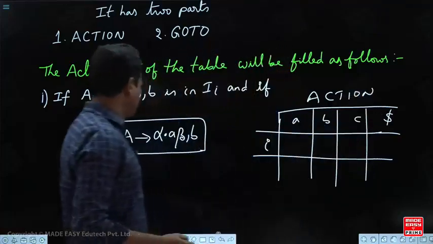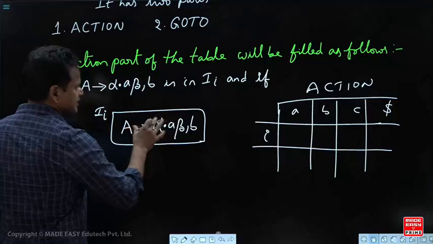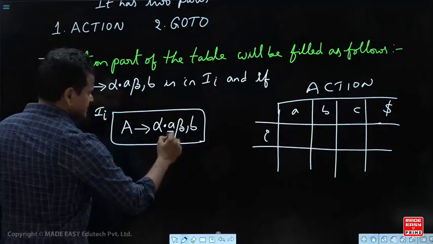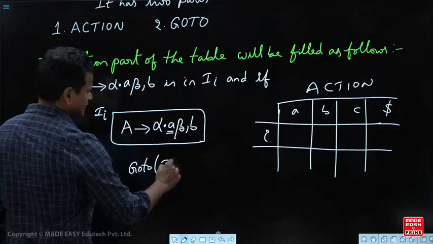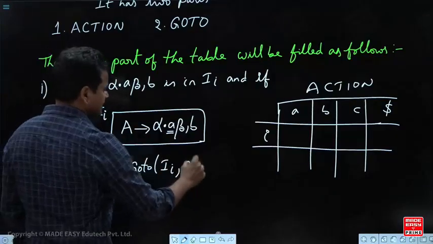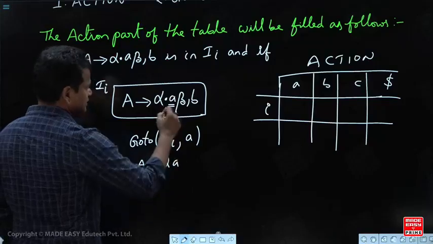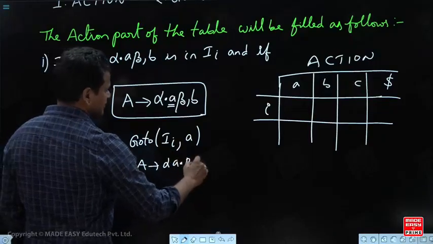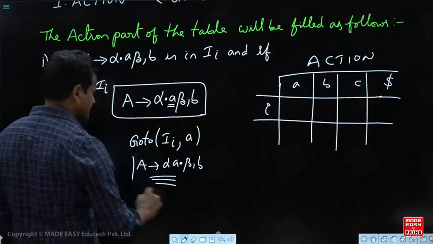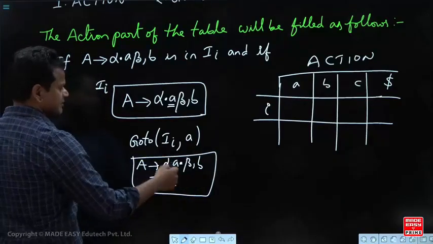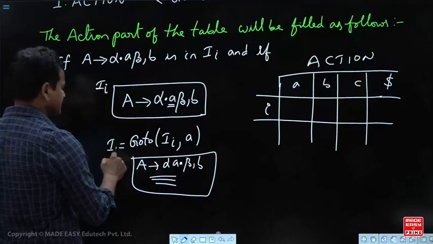Now, for this production, how to enter in the table? For every shift symbol, we write the go to of Ii comma A. What is the meaning of go to? We just move the dot one position forward. After the dot, if there are any non-terminals, we will add them. Otherwise, we will leave them. And finally, we will give some name to this state, let it be Ij.